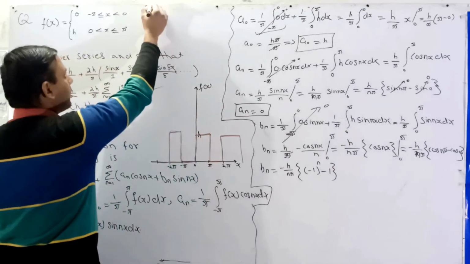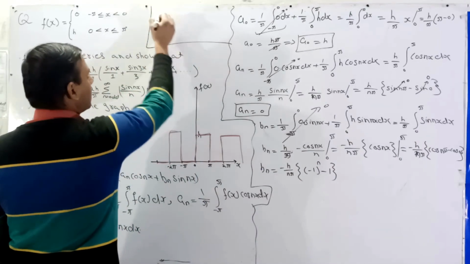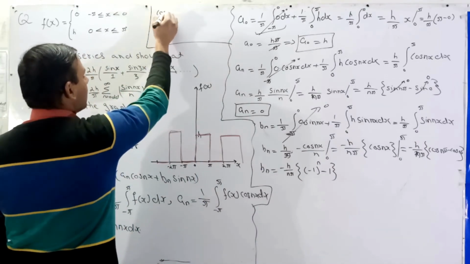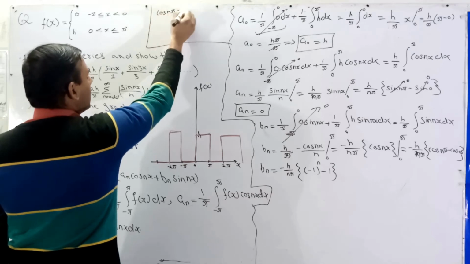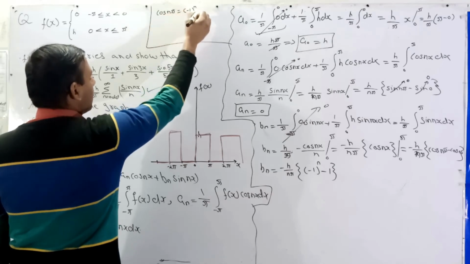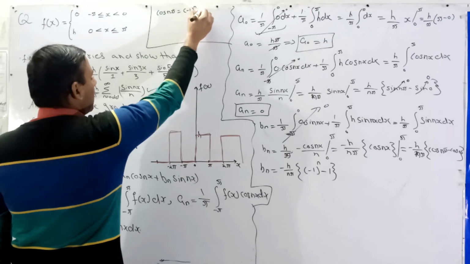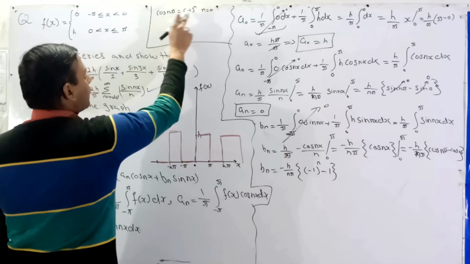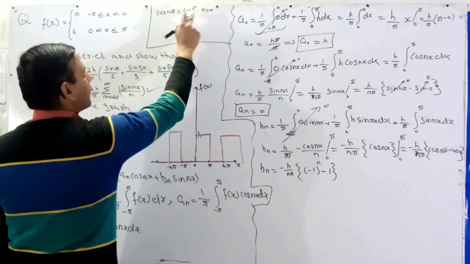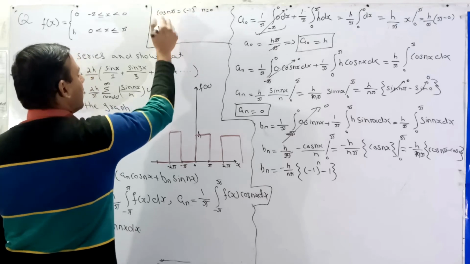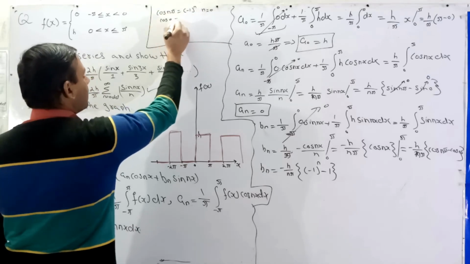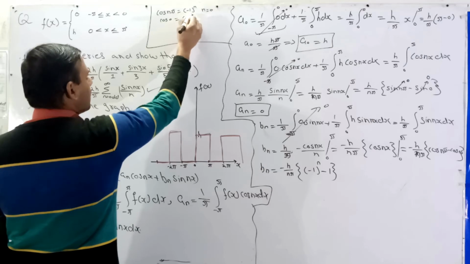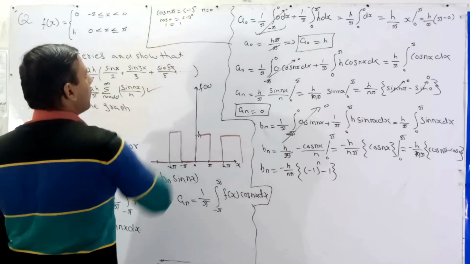Here we will prove how we can write this. Cos n pi is equal to minus 1 raised to power n. When n is equal to 0, both sides will give the same values. Put n is equal to 0 here: cos 0 is equal to minus 1 raised to power 0, 1 is equal to 1.